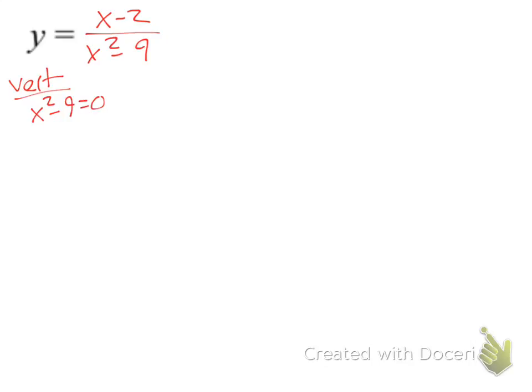No. So I'm going to go back up here. Can I factor x minus 2? No. But can I factor x squared minus 9? Everyone should be able to say yes, that is the difference of squares, and it becomes x minus 3, x plus 3.